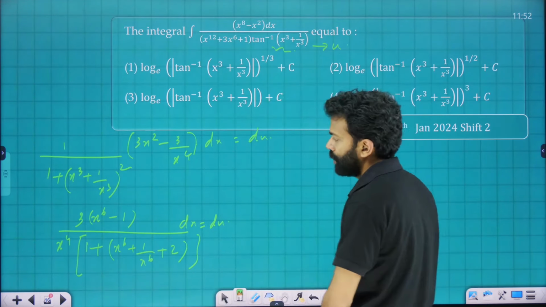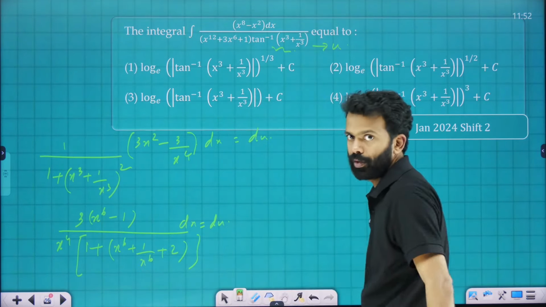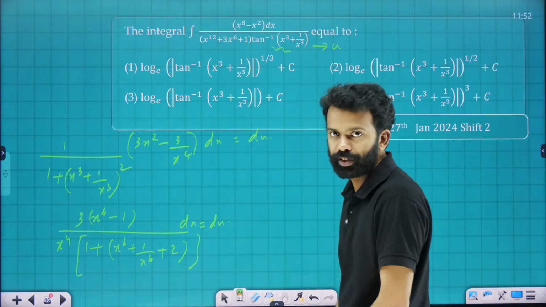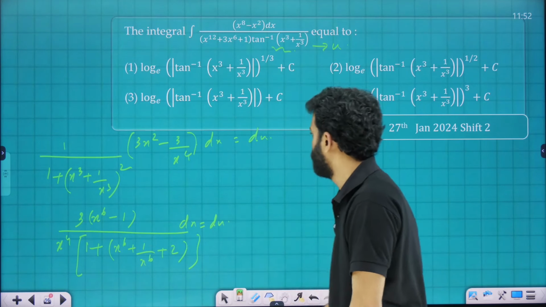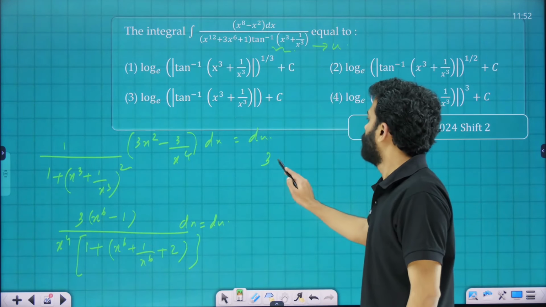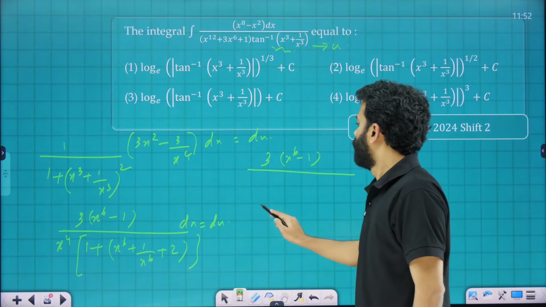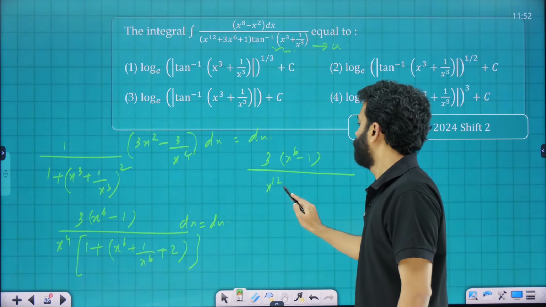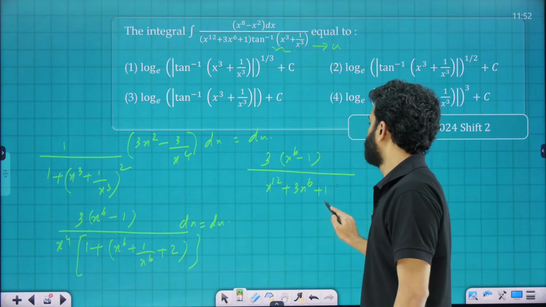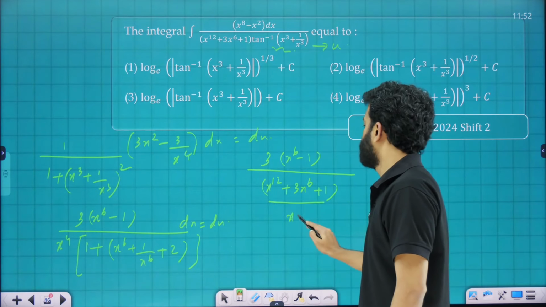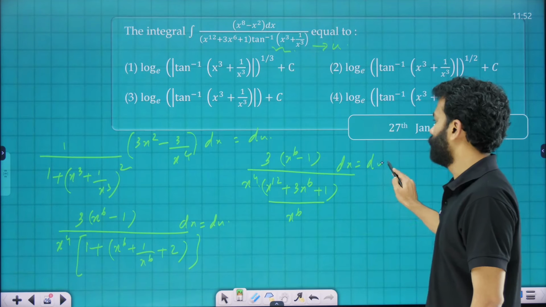So we can see this will be x raised to 6 plus 1 by x raised to 6 plus 3. Then multiply everywhere with x raised to 6 in the numerator. After cross multiplication, the numerator will be 3 into (x raised to 6 minus 1) divided by (x raised to 12 plus 3x raised to 6 plus 1) divided by x raised to 6, into x raised to 4 into dx is equal to du.